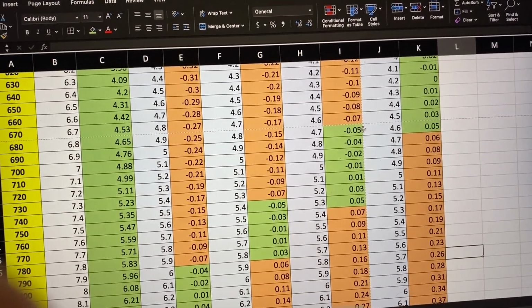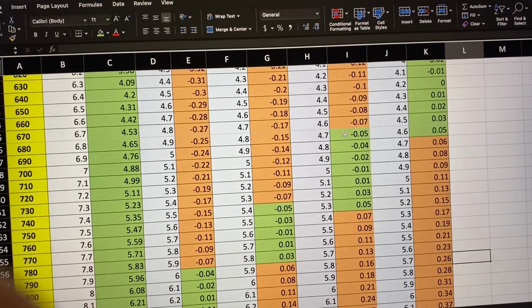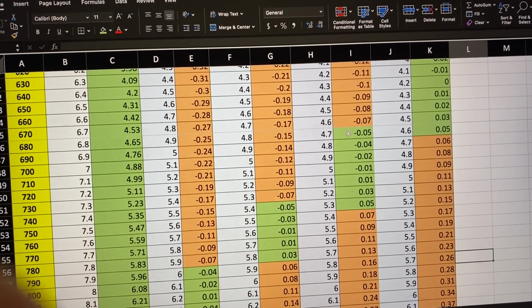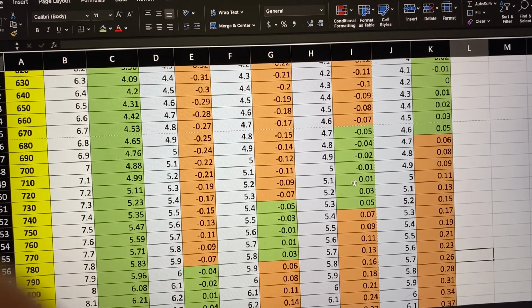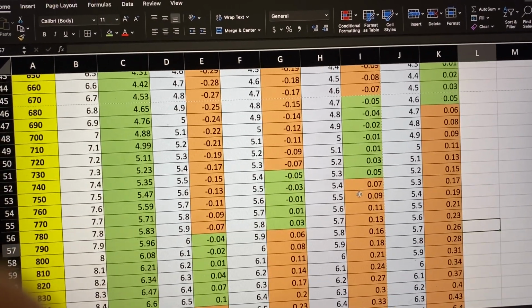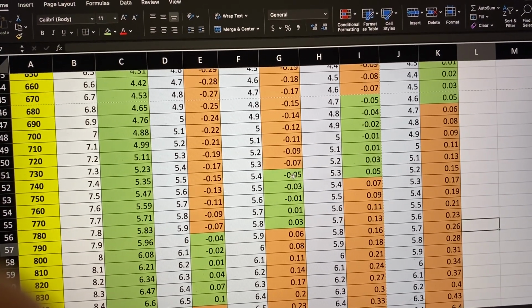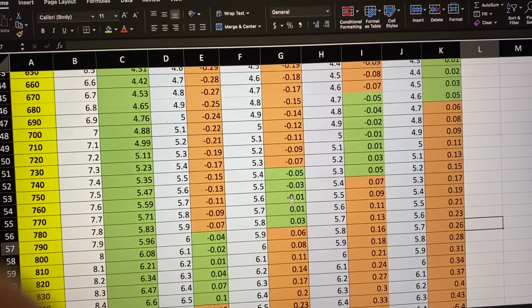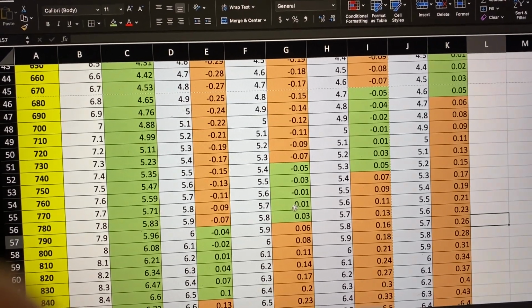Now, once we get out to further ranges, 680, if we switch back to 2.1, we're now less than a mil error. Switch back to 2, between 740 and 780, less than a mil error.